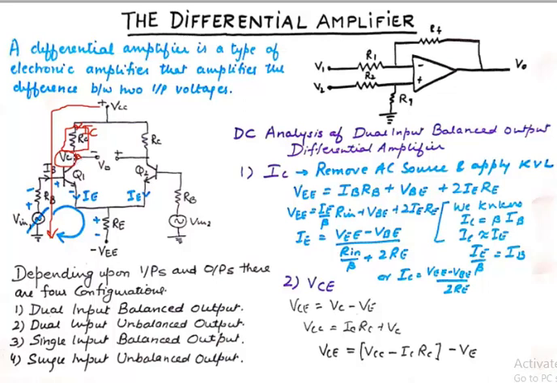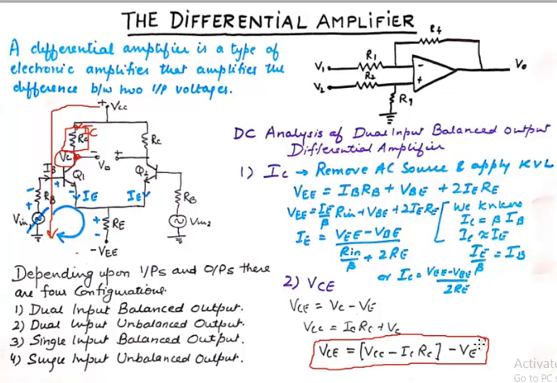The voltage VC is from this point to this point. So VCE becomes VCC minus IC RC minus VE. So this is the equation for VCE.